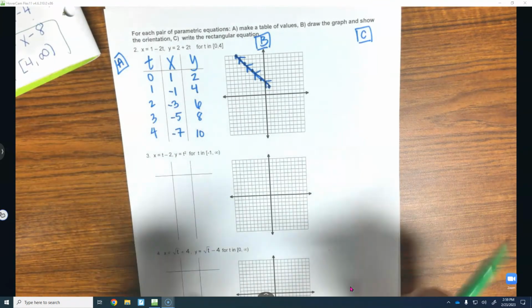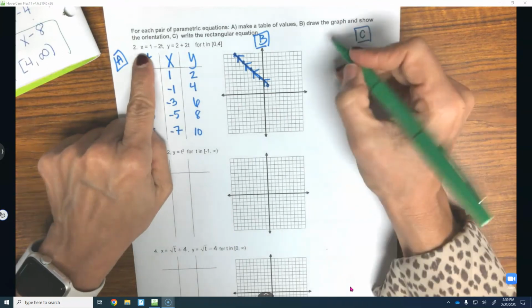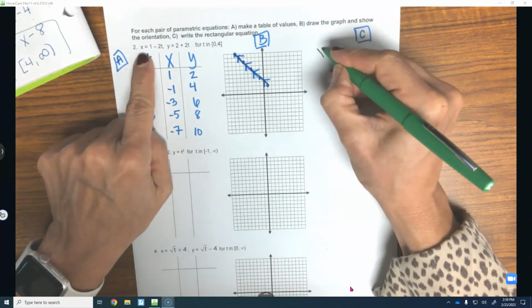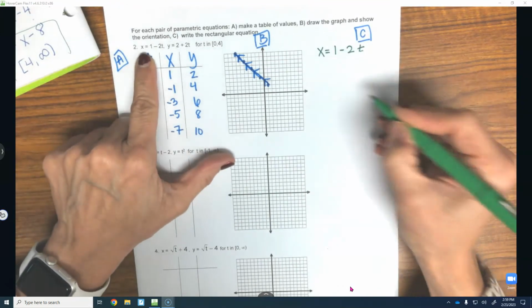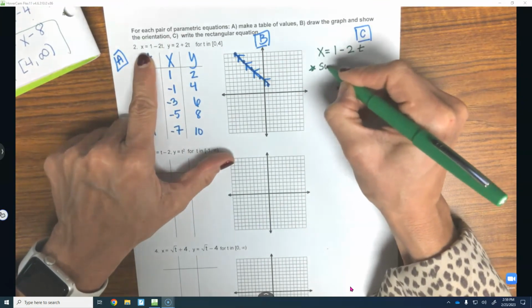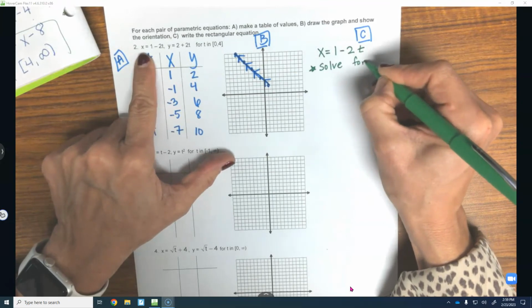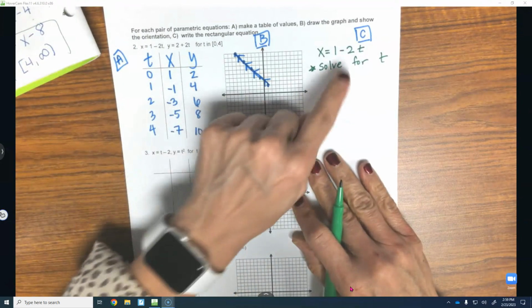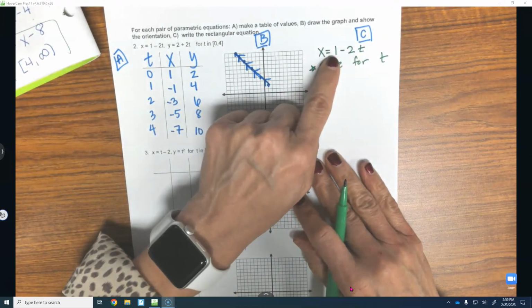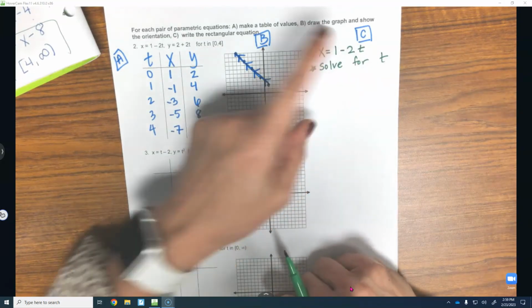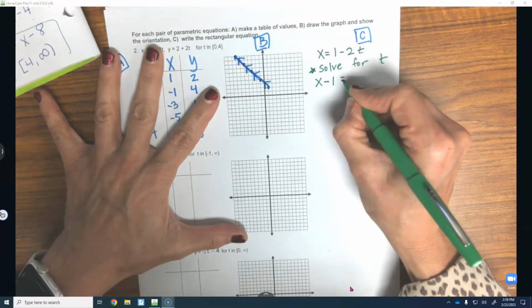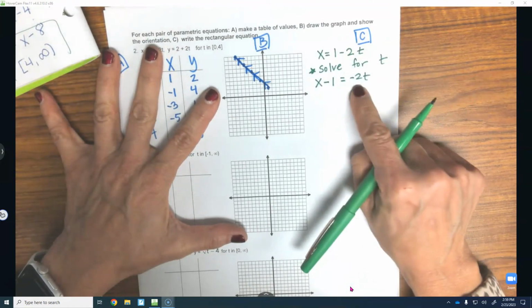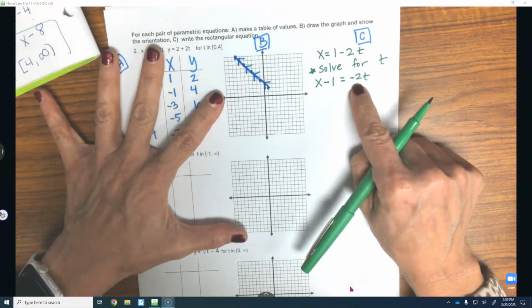Okay, now for part C, you have done this before. It's called a composite function. All we're going to do is take the first equation, which is x equals 1 minus 2t, and then solve for t. So I'm going to move the 1 over. I'm going to divide both sides by a -2. When I move the 1 over, it's negative. And remember, we are going to divide both sides by -2.